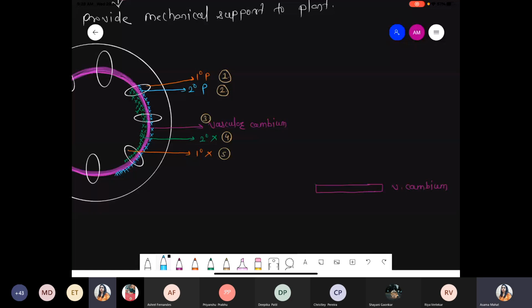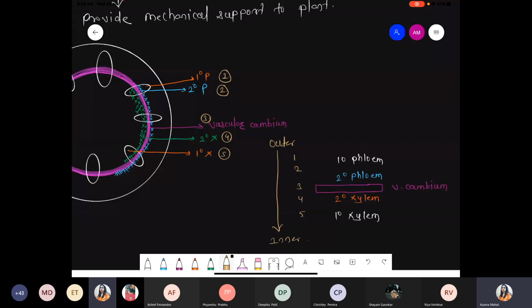The primary phloem is already present because it is part of the primary growth. Similarly, the vascular cambium shows growth toward the inner side, cuts, and forms secondary xylem, while primary xylem is already present. Just see the position by number: 1, 2, 3, 4 and 5, the direction from the outer side toward the inner side.